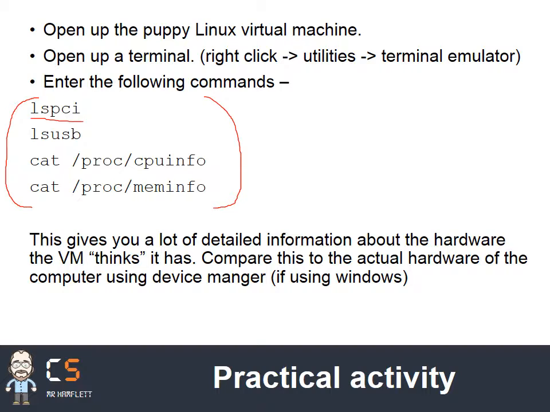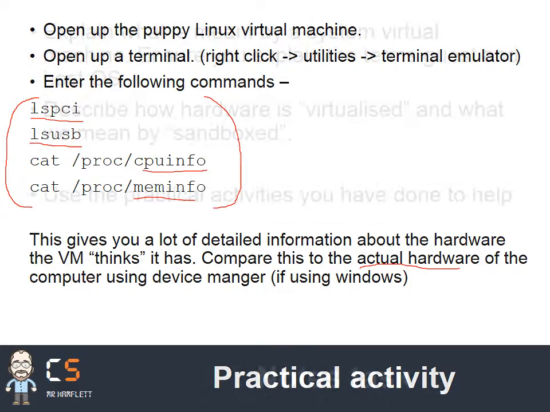So lspci is going to list out all of the PCI boards, or things like sound cards and things like that. lsusb is going to list out all the USB devices connected to it. cat /proc/cpuinfo will give you detailed information about the CPU that's being used, and meminfo will give you detailed information about memory. Okay, so it gives you a lot of information. One thing to do with this is compare it to the real hardware. You'll notice that they're not all the same, okay, because some of them are being virtualized.